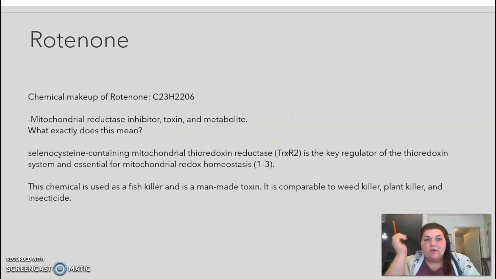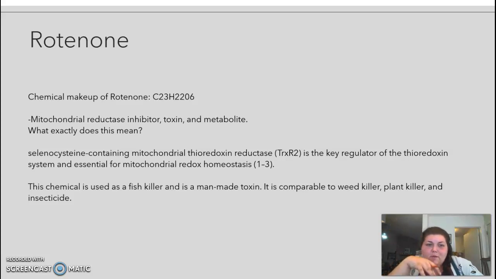So I'm going to tell you a little bit about rotenone so you get a better idea of the chemical breakdown of it and what it's actually affecting and how it's causing these issues. The chemical makeup of rotenone is C23H22O6. Basically, that's just the chemical breakdown of it as a whole with structure. It is a mitochondrial reductase inhibitor, toxin, and metabolite.